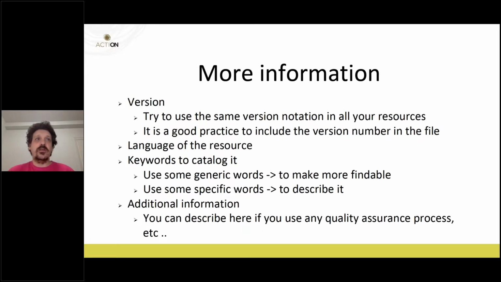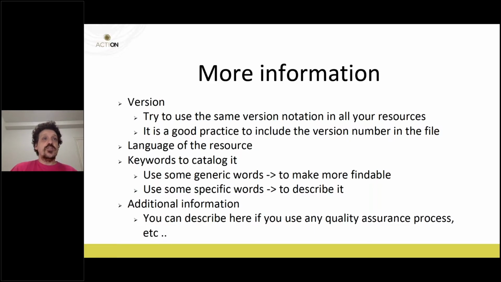More information, the version. That's very important. In Zenodo, you can upload different versions of the same digital identifier. As Zenodo works, you have an identifier for each version, but you also have a general identifier for all the versions of your digital object.